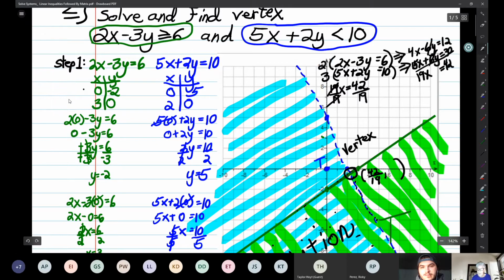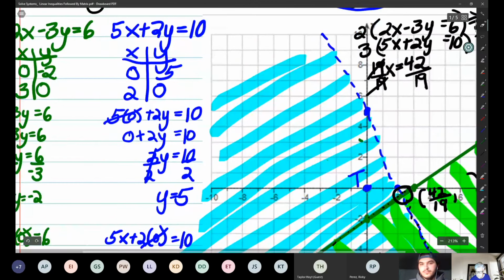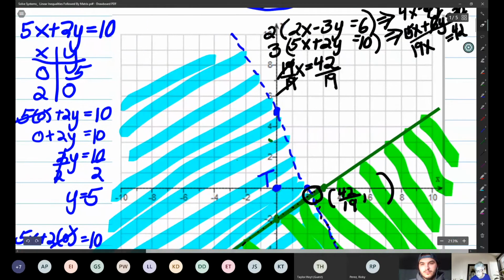Okay, now I need more room, and I'm going to erase the word vertex. I could, if I wanted to suffer a lot, take 42 over 19 and put it in for x and then find out what y is.